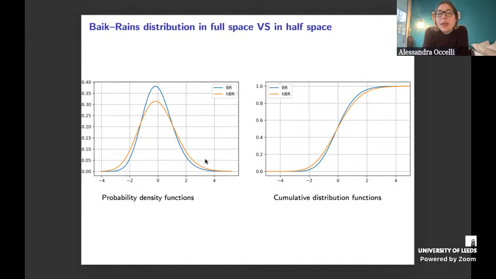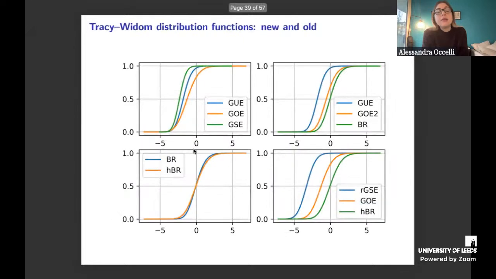These are decays, let's say large deviation functions, that are consistent with what had been found for the full space Baik–Rains distributions. And here we compare the cumulatives for the different Tracy–Widom distributions, just to give the full picture.